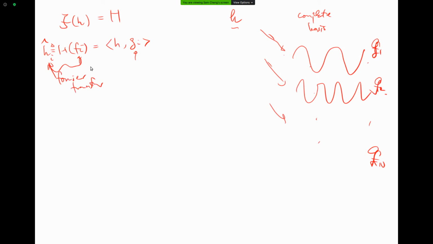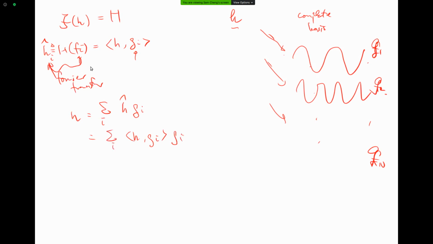Then I can recover the original signal H, which will be equal to the sum over i of the inner product of H with Gi, times Gi.